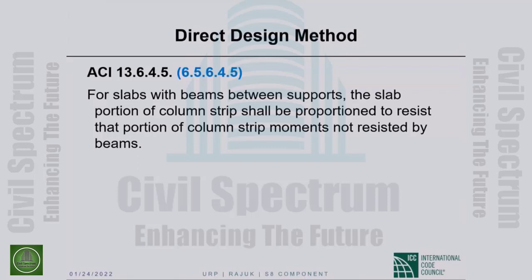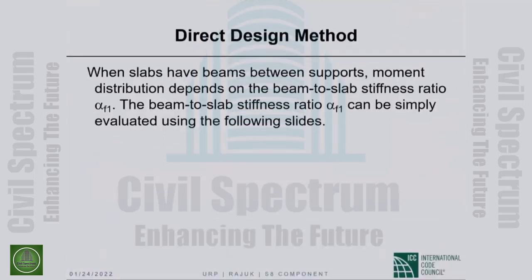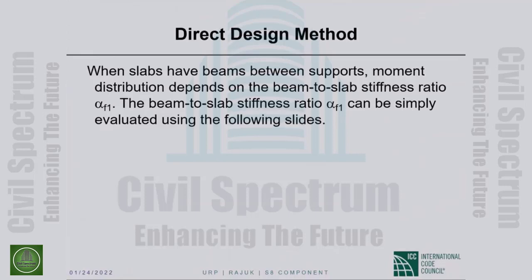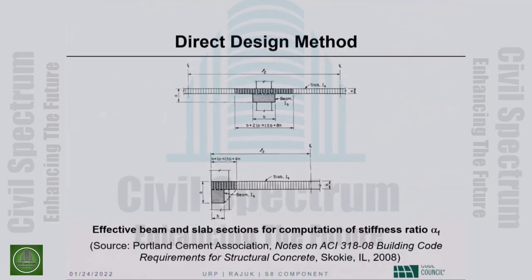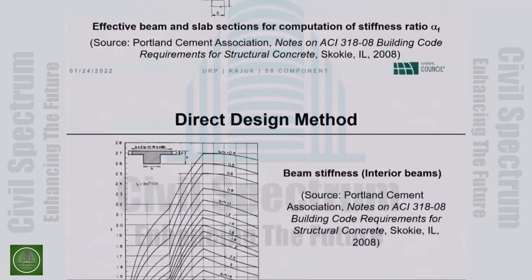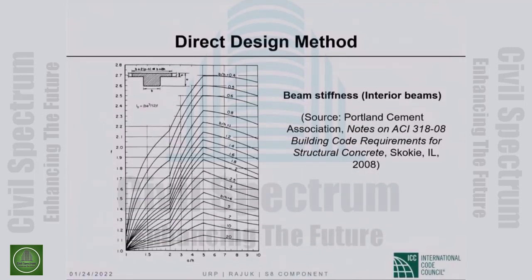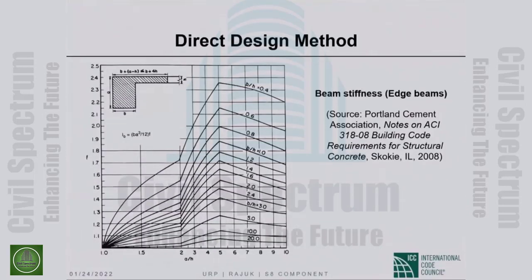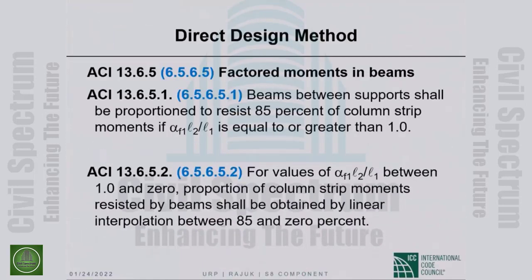Okay, that's all we are saying. When slabs have beams between supports, moment distribution depends on the beam to slab stiffness ratio alpha sub F1. This is a repeat again, beam to slab stiffness ratio, and these charts were devised to make it easier to calculate the beam to slab stiffness ratio.